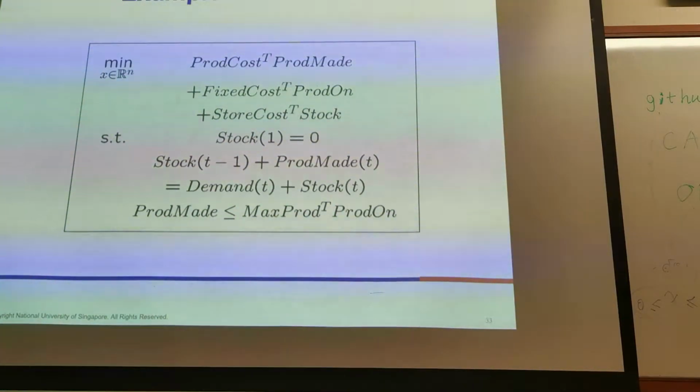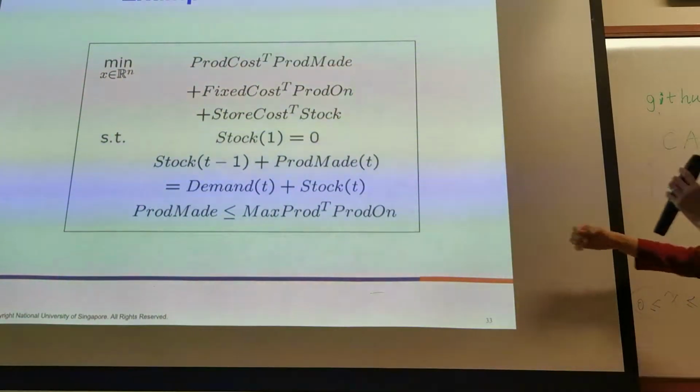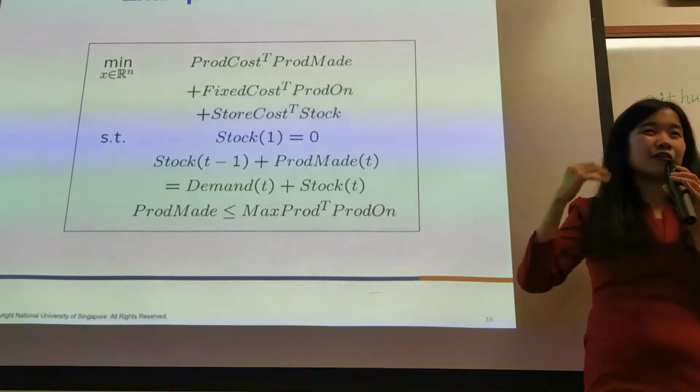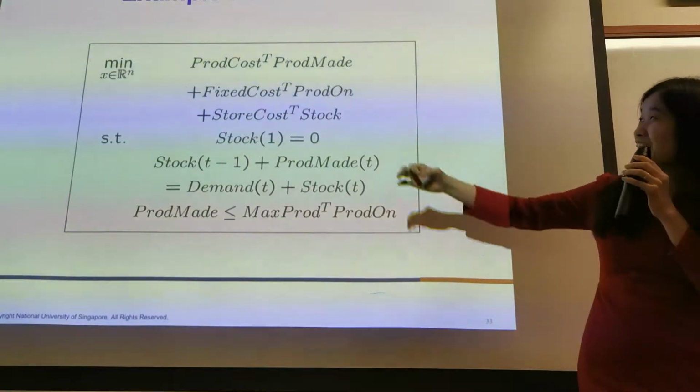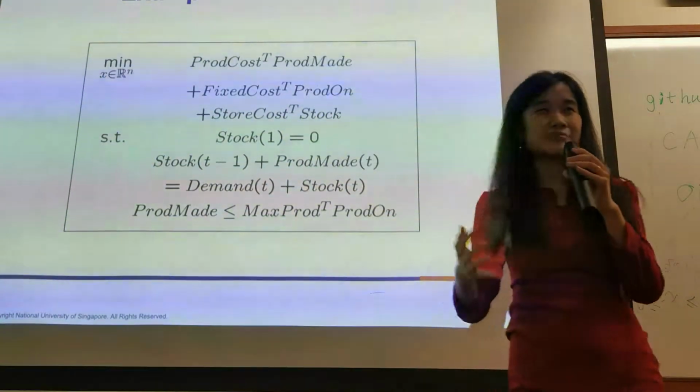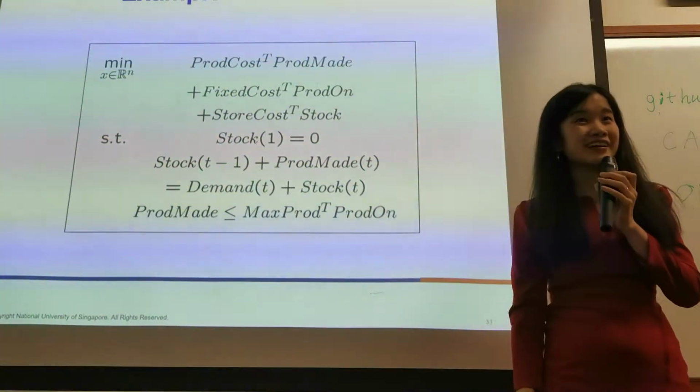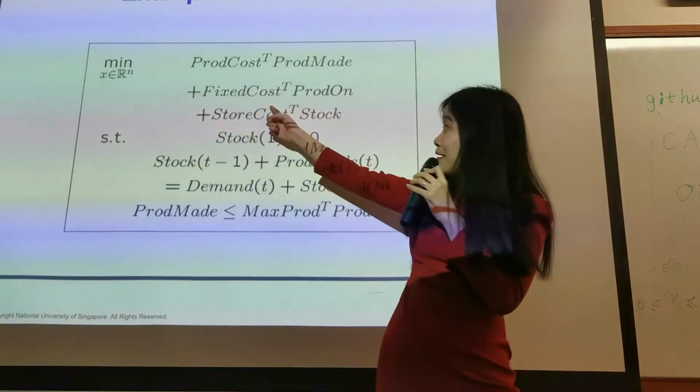But this is not binary, right? The production will be multiplied by your production cost. Well, this production on is very straightforward. It tells you it's on or off. Why do I use the production on? It actually means whether I make this production or not. So this must be a binary variable, because it's multiplied by the fixed cost.